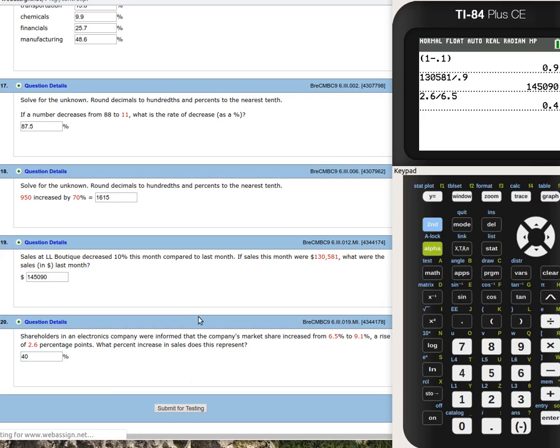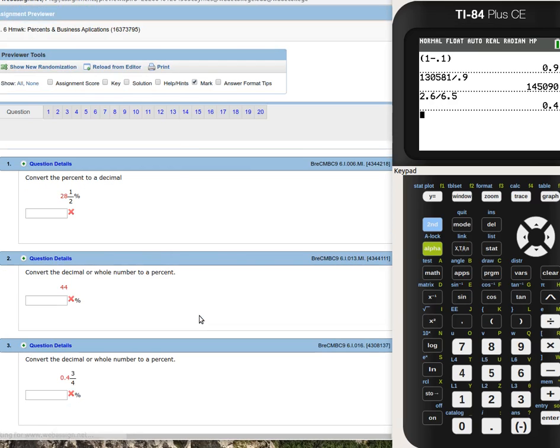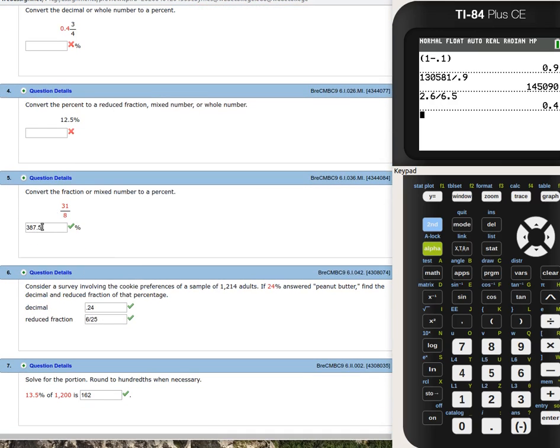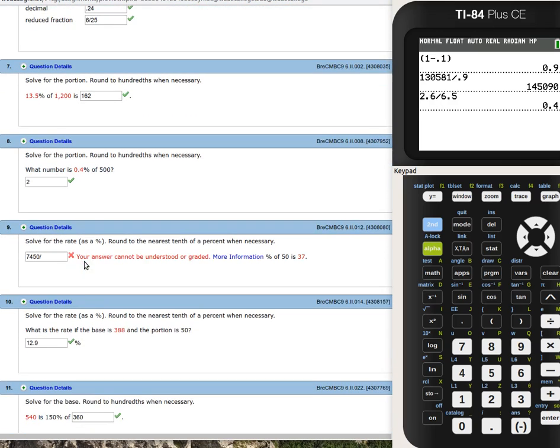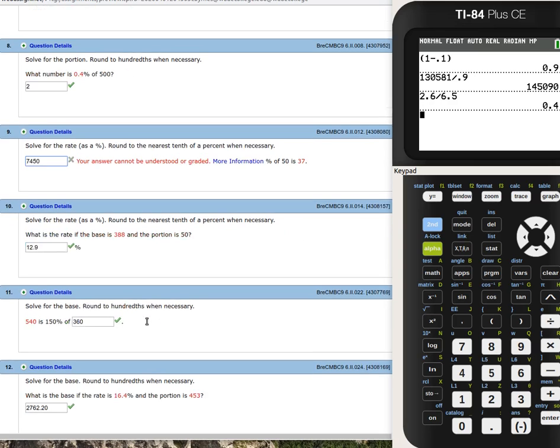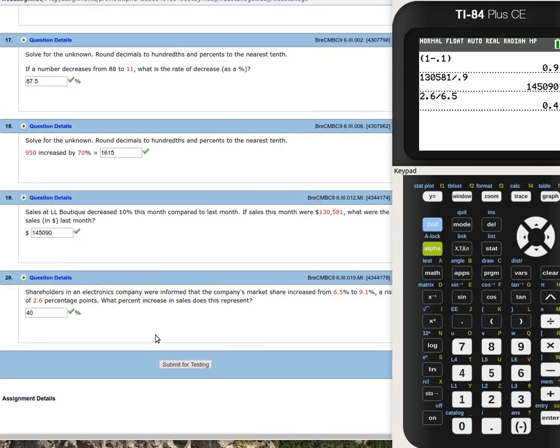Did I get them all right? Drum roll, please. Oh, I didn't do these on this homework, but started here. Cannot be graded. What did I do here? Oh, I think I had an extra slash or something. But anyways, I wonder if I can resubmit it.